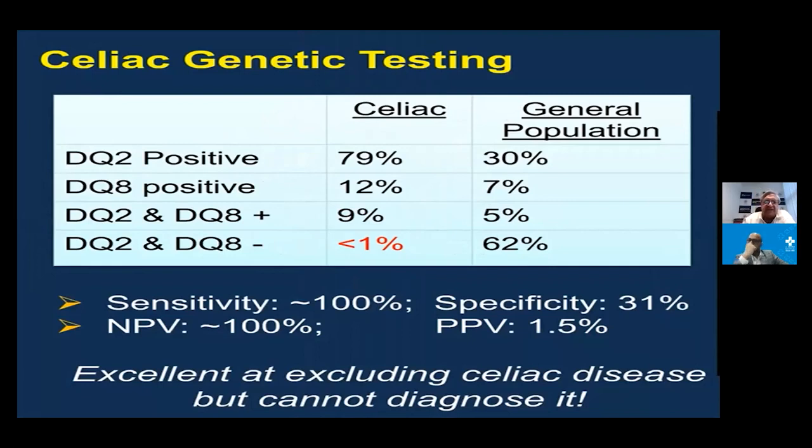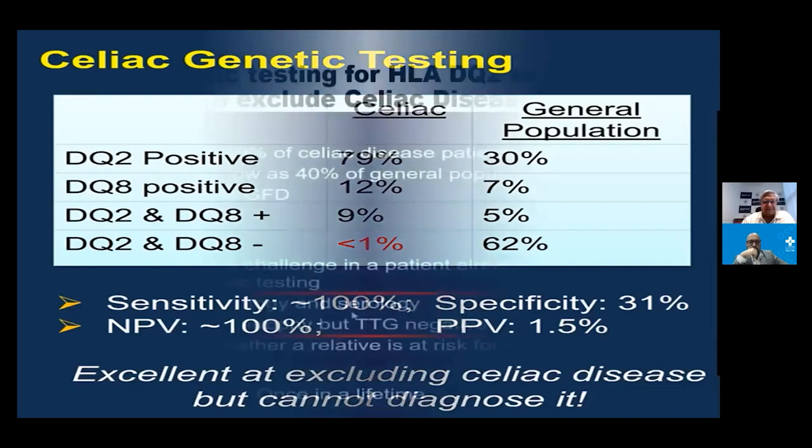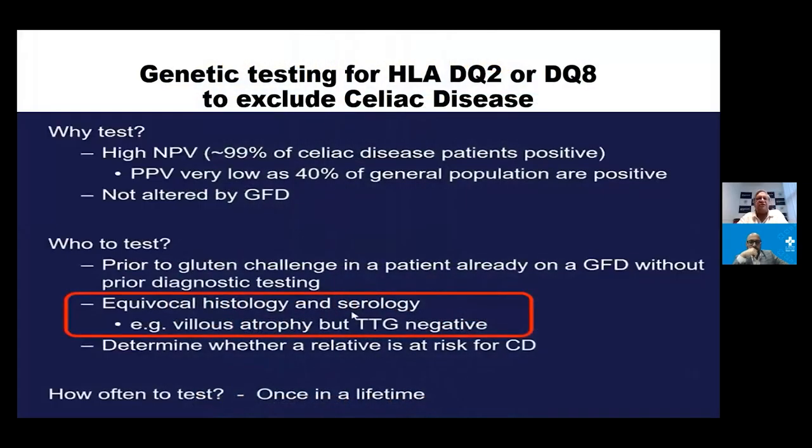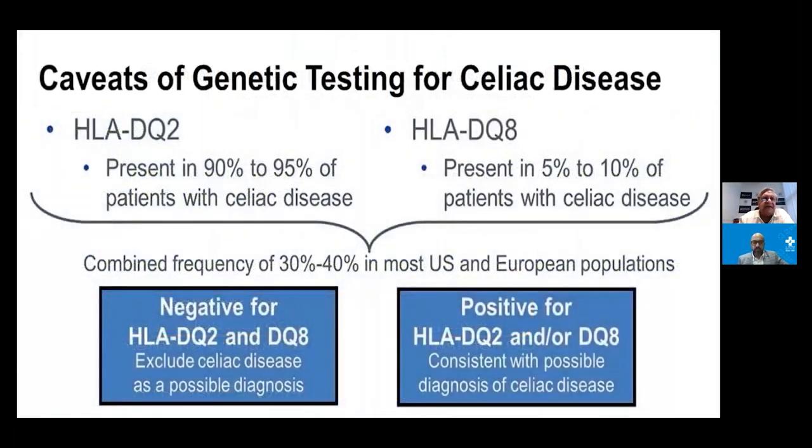And so the sensitivity of the presence of this is 100%, and the negative predictive value is also 100%. So HLA-DQ2 or HLA-DQ8 is useful for ruling out celiac disease. And it needs to be done only once in a lifetime.